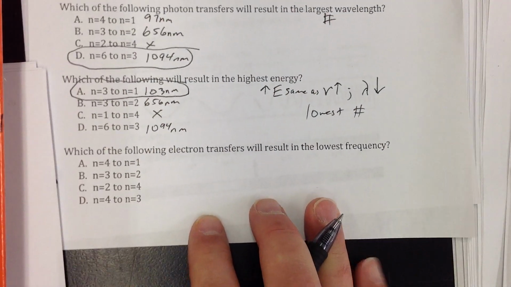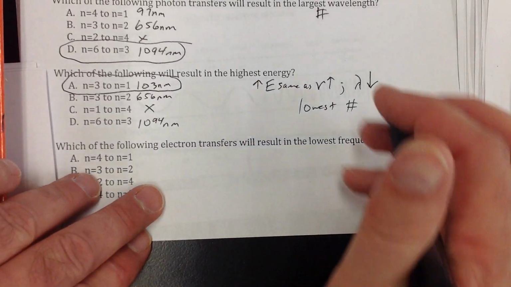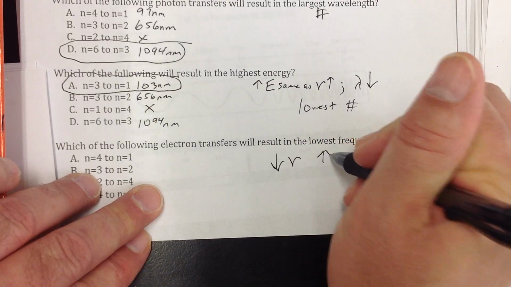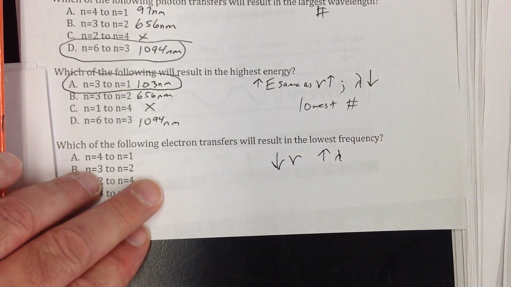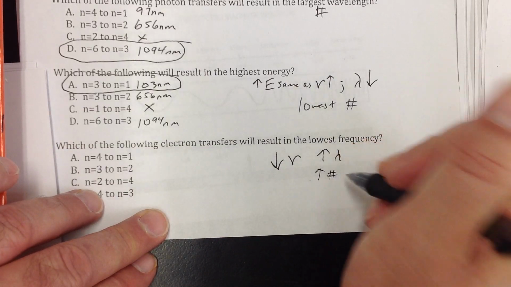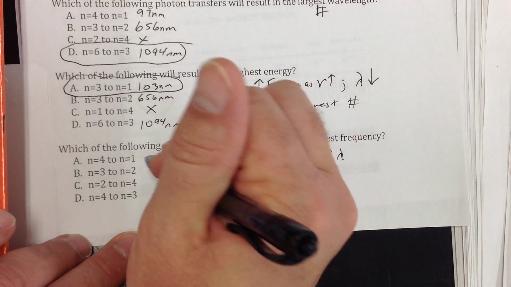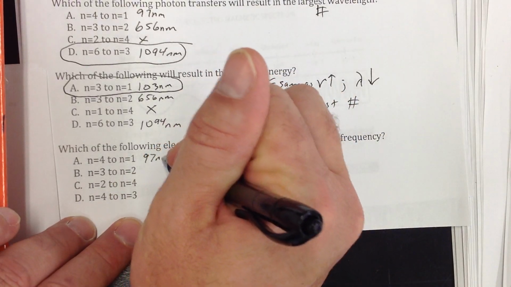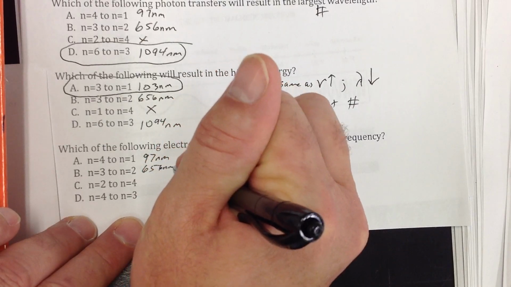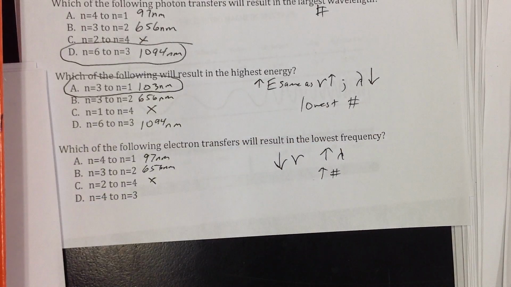All right. Which of the following will result in the lowest frequency? So we're looking for the lowest frequency, which would be the highest wavelength. So just the highest number. This always helps me. It tells me which one I'm looking for. 4 to 1, we've already done, 97. 3 to 2, we've already done, 656. 4 to 2, not an option. 4 to 3, we haven't looked that up yet.